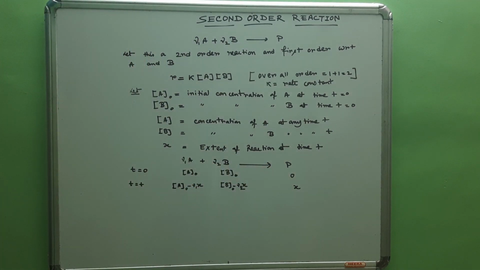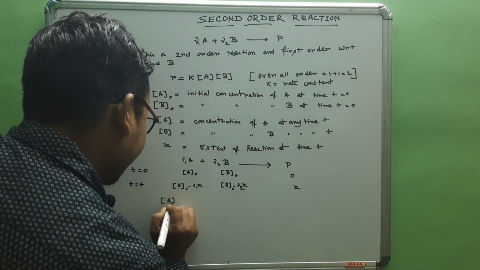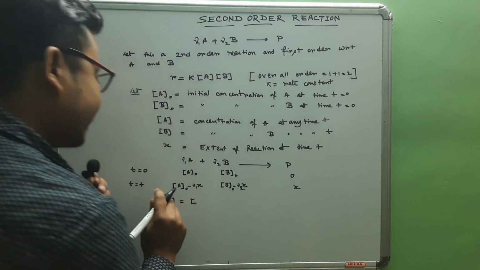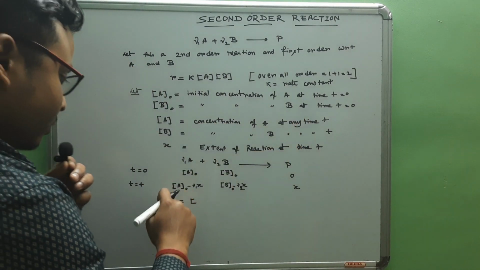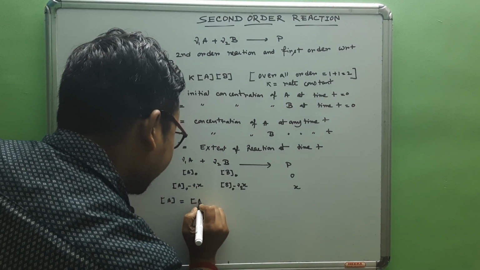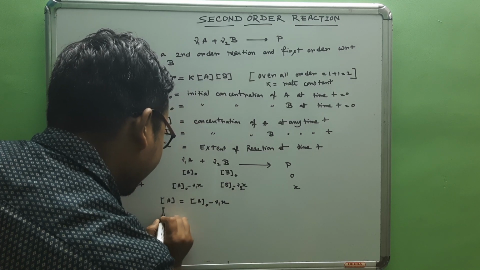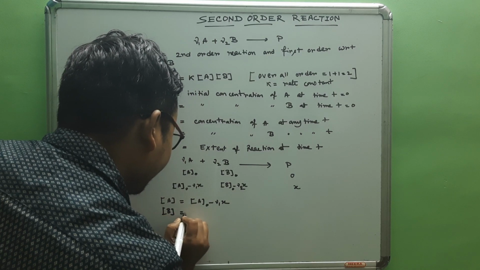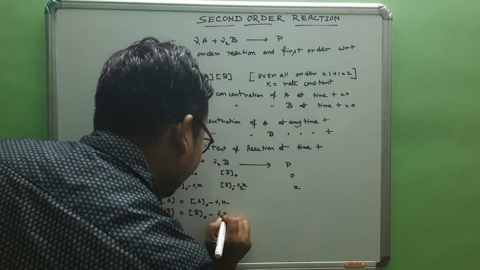So A is the concentration of reactant A at time t. The concentration of A is nothing but A0 minus nu1 x, and the concentration of B is nothing but B0 minus nu2 x.